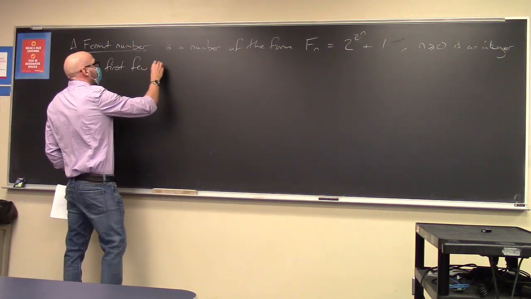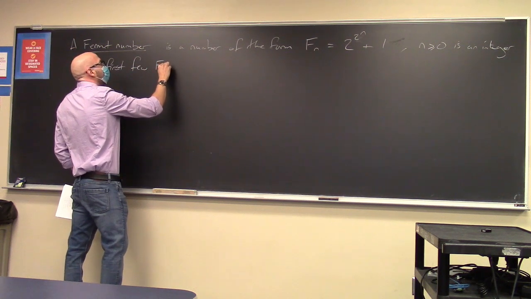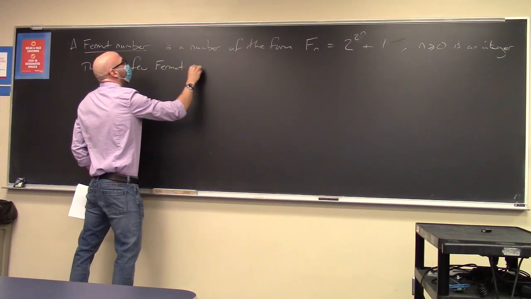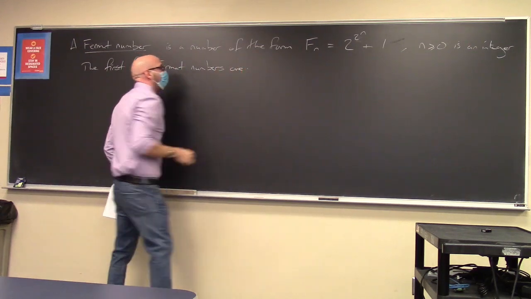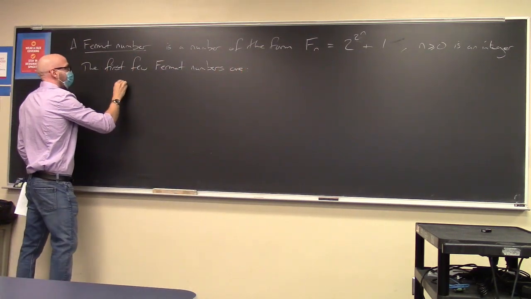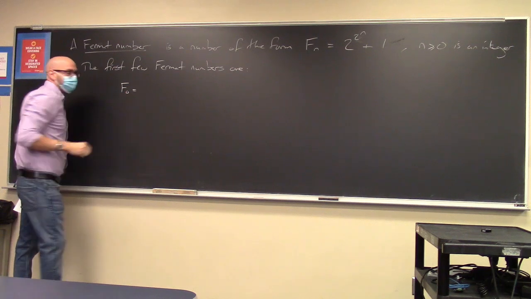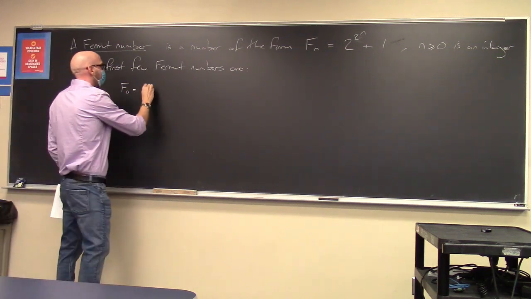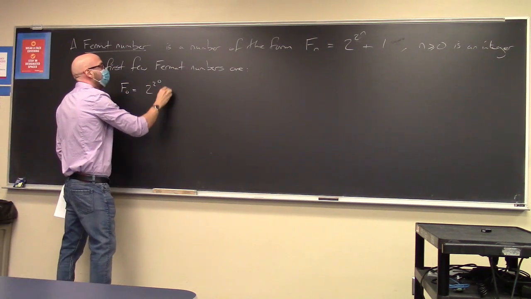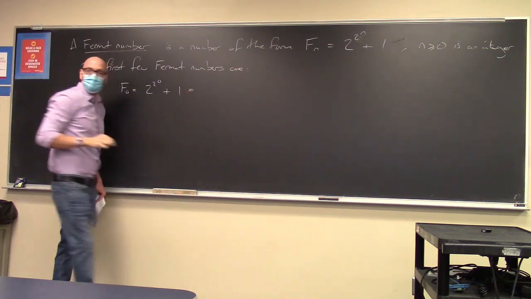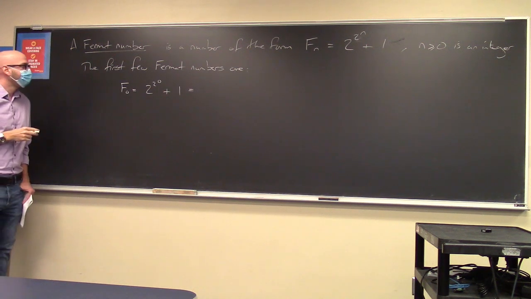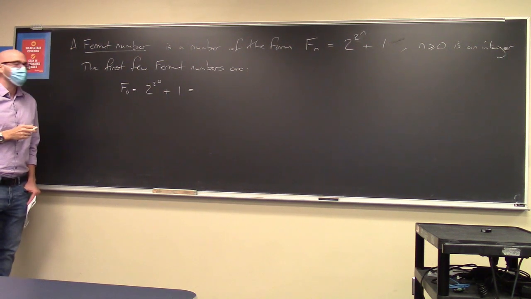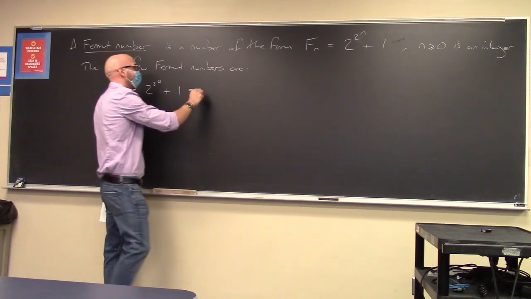The first few Fermat numbers are: F0 is 2 to the 2 to the 0 plus 1. What does that equal? 3, right? 2 to the 1 plus 1 is 3.